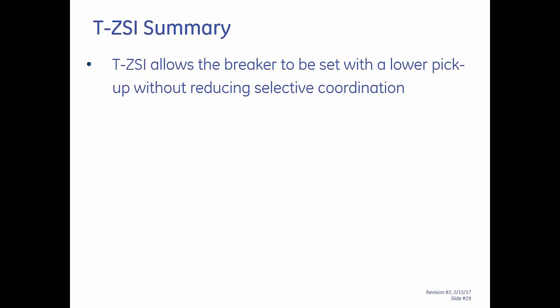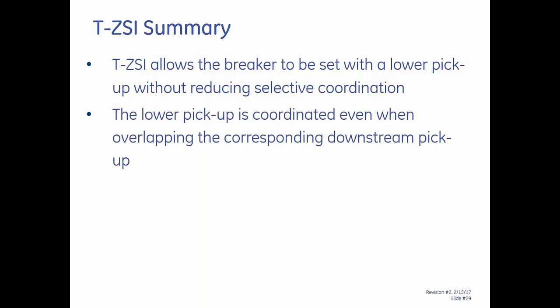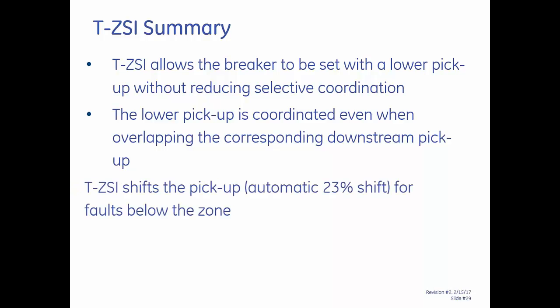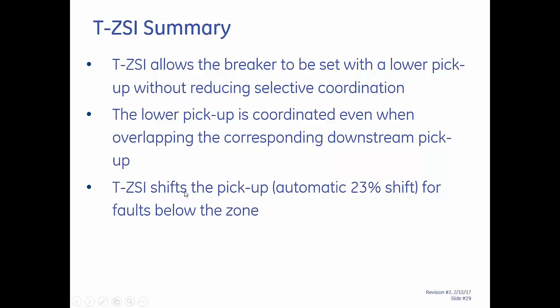In the T-ZSI, summarizing that, it allows the breaker to have lower pickups without reducing selective coordination. The lower pickups are coordinated even though they overlap the downstream breaker's short time pickup. The T-ZSI part actually shifts the pickup, and it does that automatically.